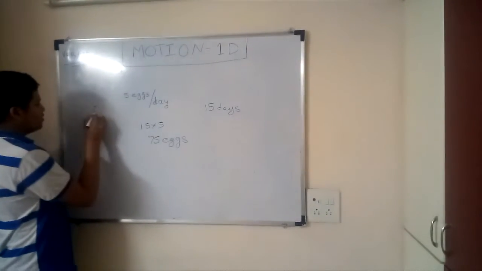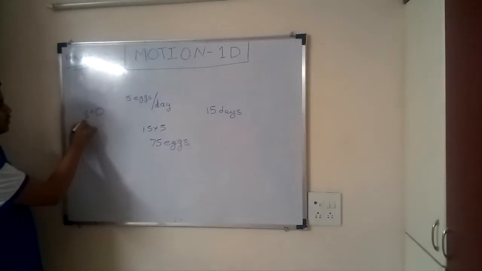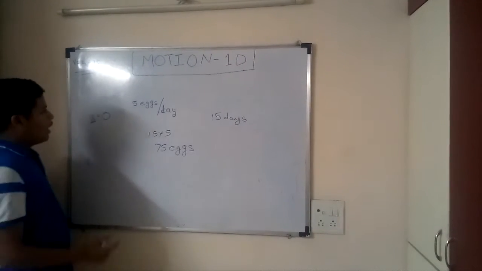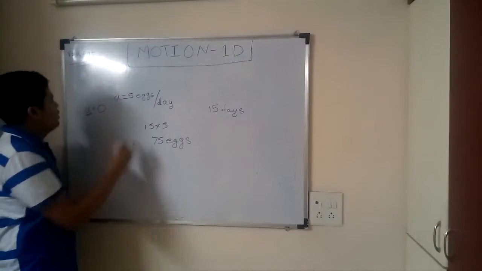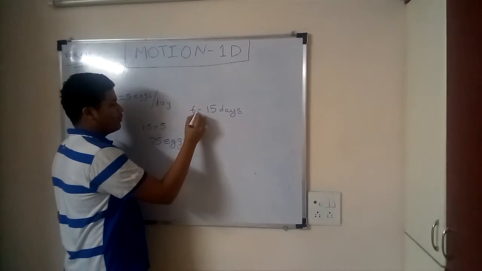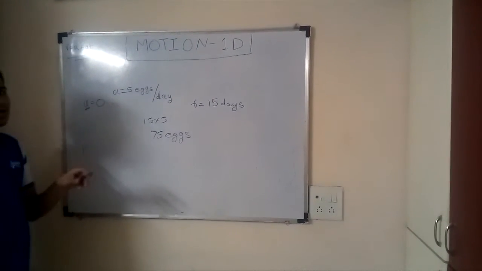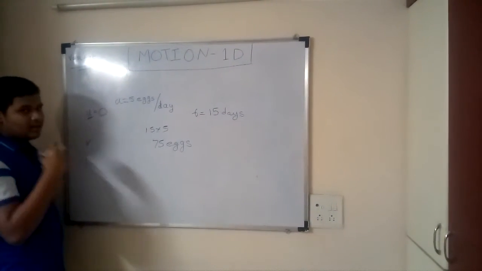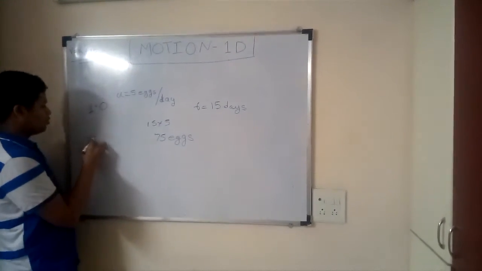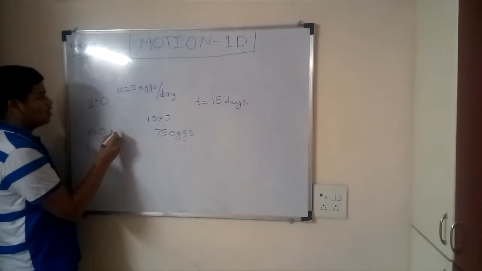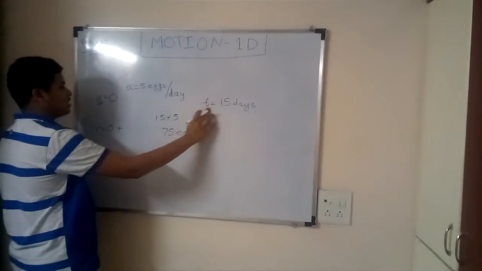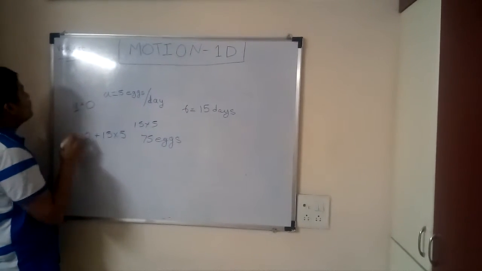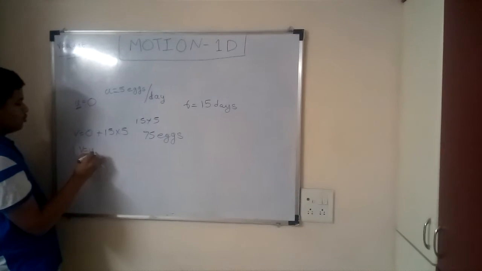I will consider it as u, because it is the initial velocity. And this is my acceleration and this is my time. So how did you calculate the total number of eggs collected in 15 days? The final value, that means on the 15th day, is 0 plus 15, that is time, into 5, which is the same as v = u + at.